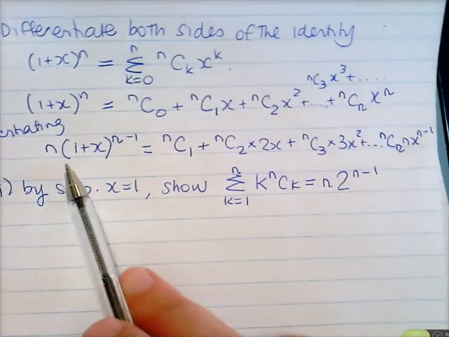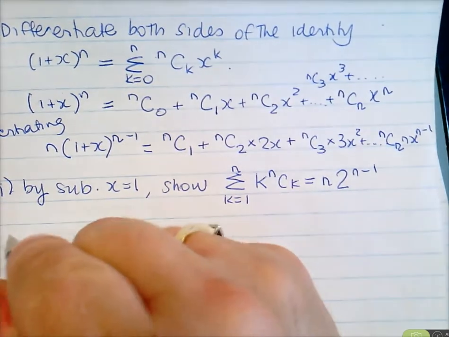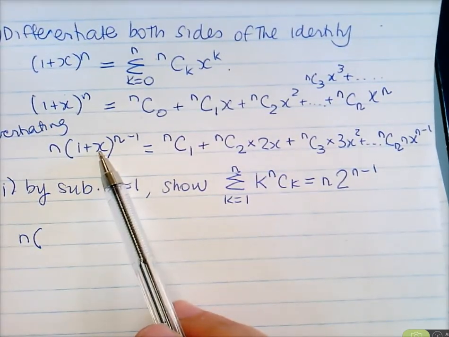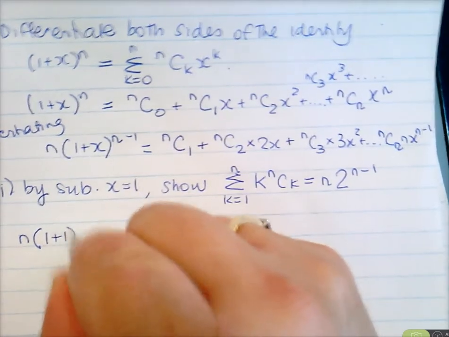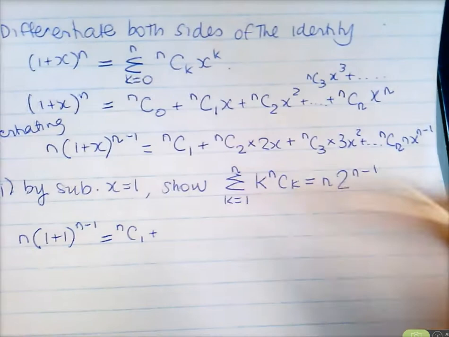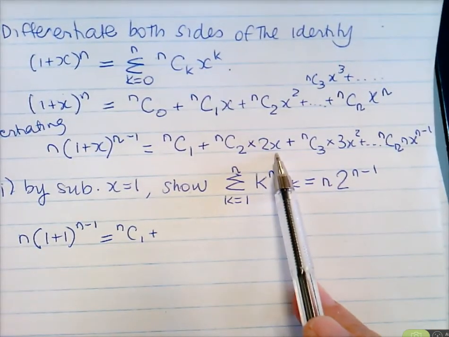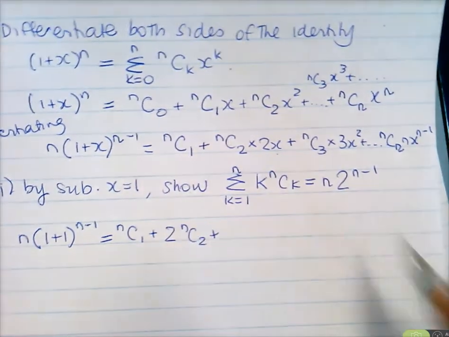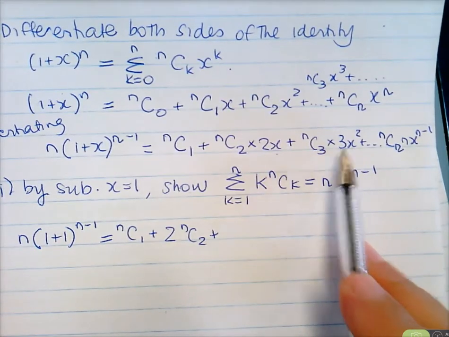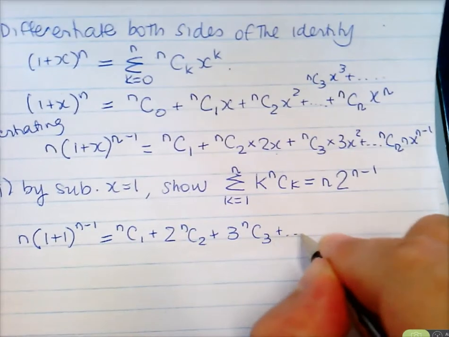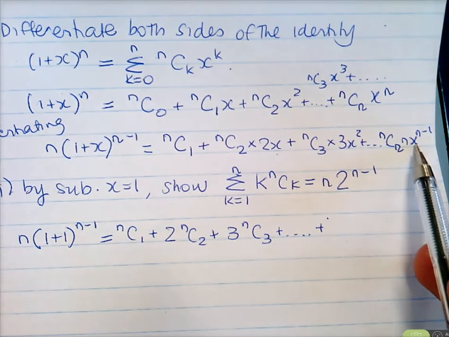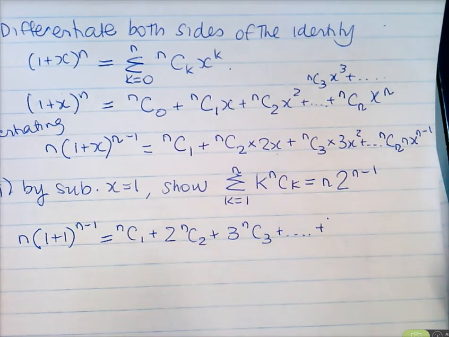Well, let's substitute x is 1. What do we get? n, bracket, 1 plus 1 to the n minus 1, which is 2 to the n minus 1, equals nC1 plus, substituting x is 1, 2 nC2 plus 3 nC3 plus, keep going, plus, when I get 1 to the n minus 1, that's 1 to the power of some positive integer, which is just going to be 1.